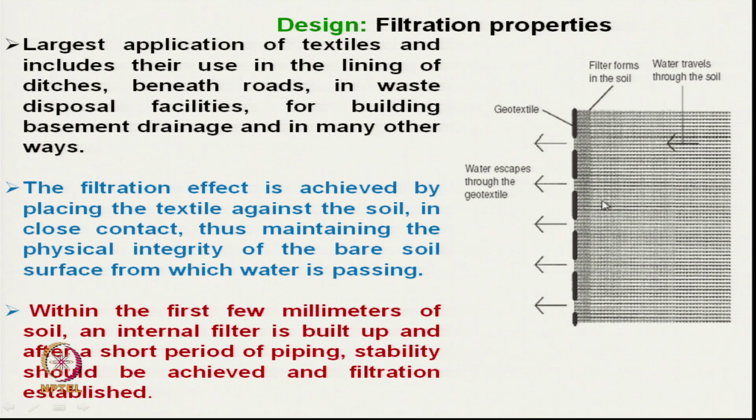Piping means the wastage, that is the moving of the smaller particles through the geotextile, and the structure stabilizes. Then after a certain time, through this porous soil structure the water flows without any loss of soil.